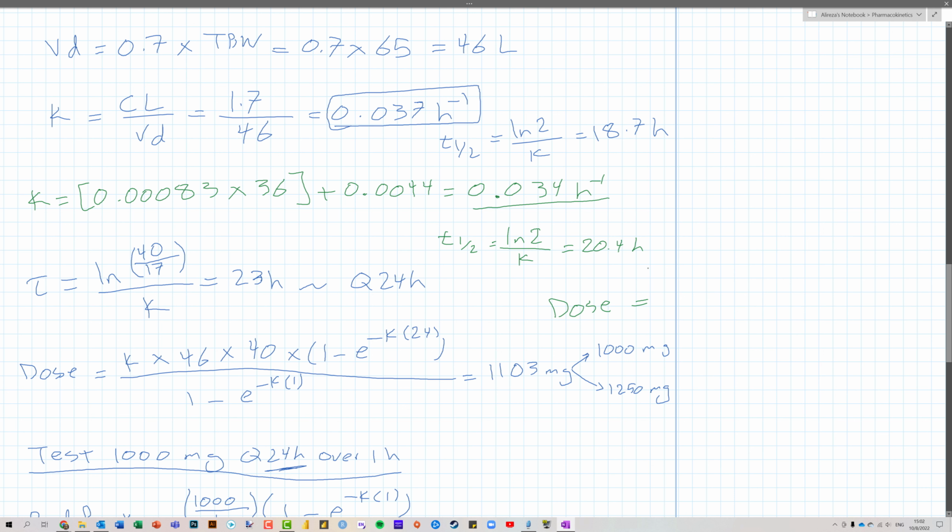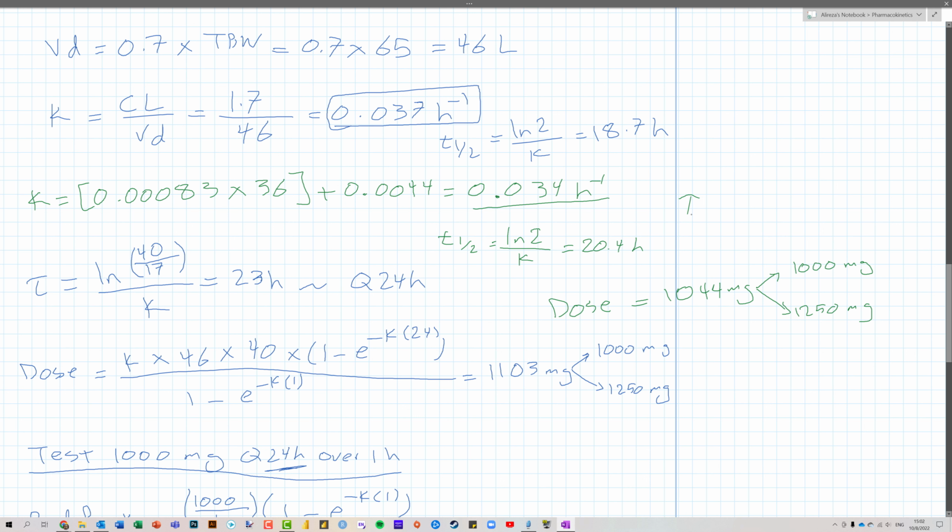So the dose here would be about 1044 milligram. Okay, so that's different than 1103, but then again, we round every 250 milligrams. So again, your options are here, either 1000 milligram or 1250 milligram.